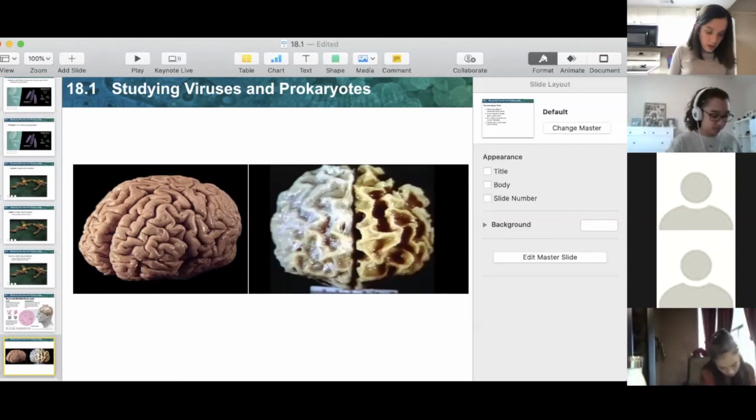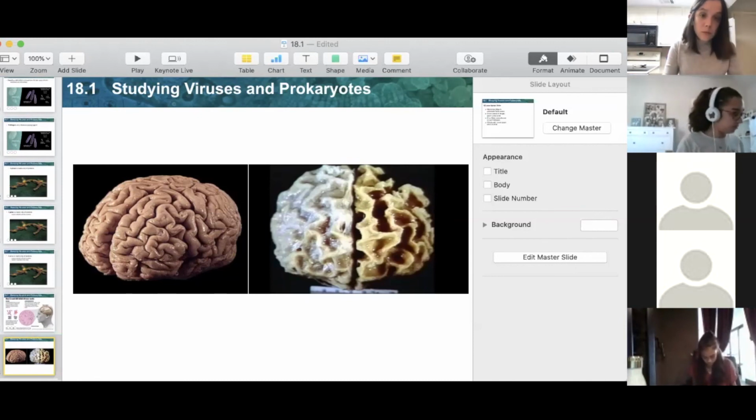And then go on to the next page, data analysis, and just do questions 4 and 5 on page 512. So on page 511, do 1 through 5, and then on the next page just do 4 and 5 on page 512.